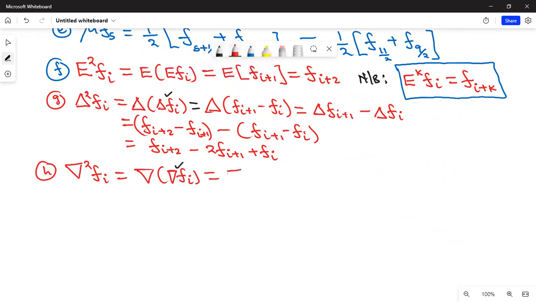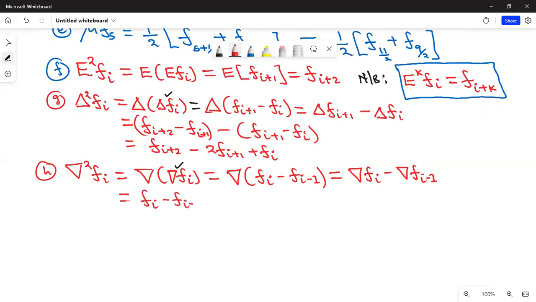That will give us backward of Fi minus backward of Fi minus 1, which you can as well write as backward difference of Fi minus backward difference of Fi minus 1. And so what is the backward difference of Fi? That is the same as Fi minus Fi minus 1.